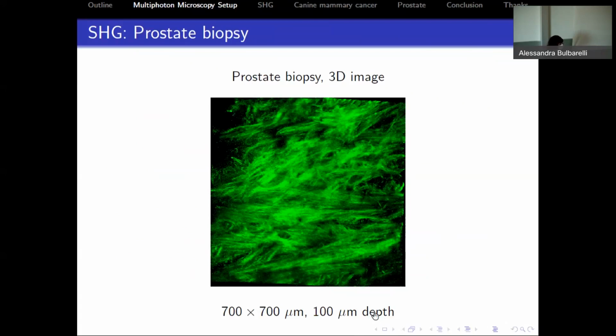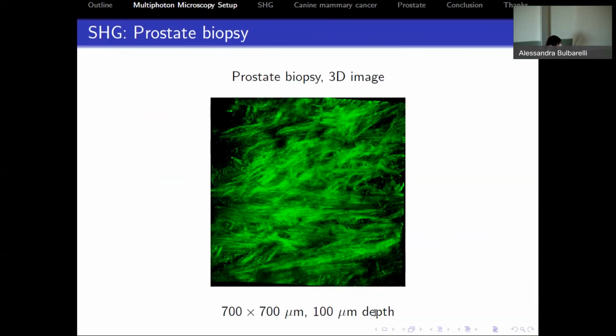That is the intensity map of the second harmonic generation through a prostate biopsy. And this is a 3D image that's been compressed to 1D, just to show how we can do it. This area is 700 by 700 microns, and we could image the second harmonic through 100 micrometers in depth.